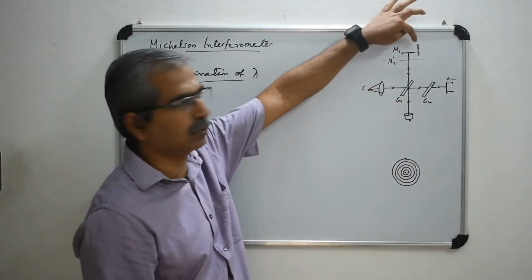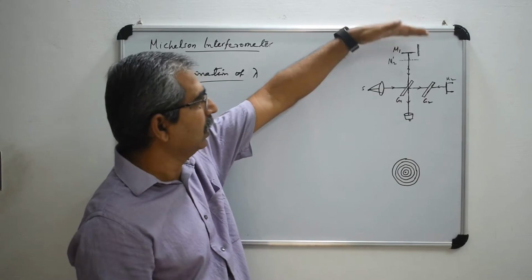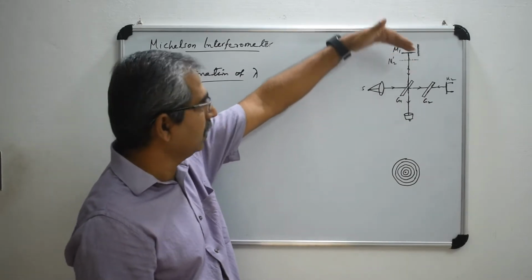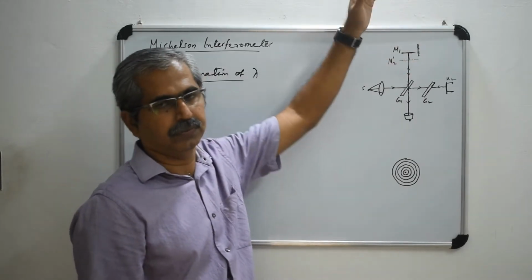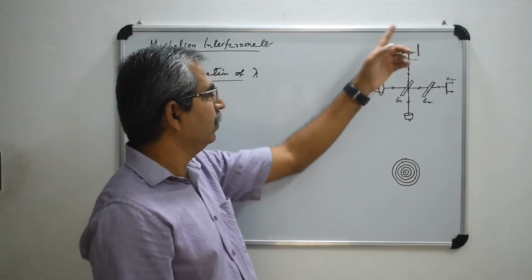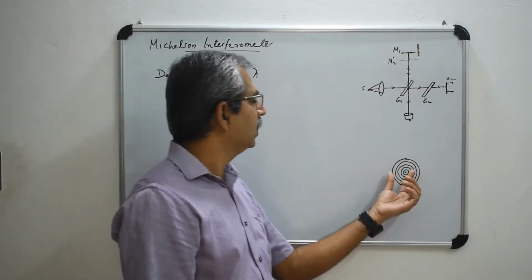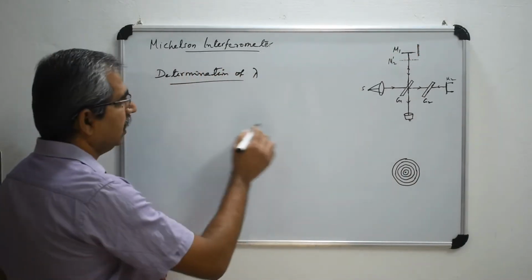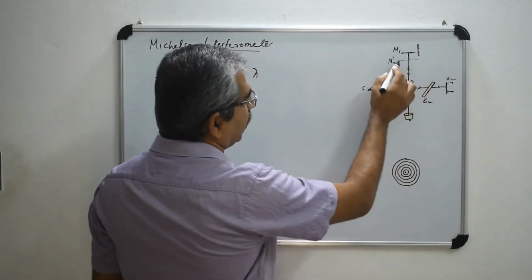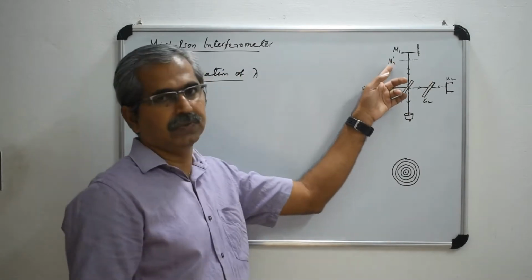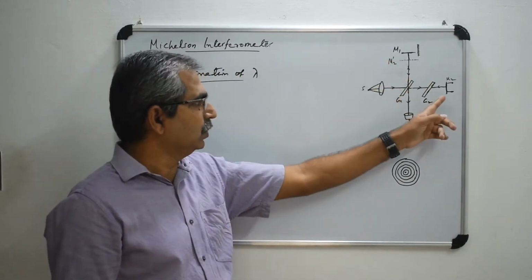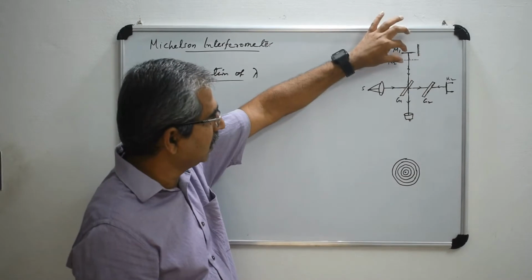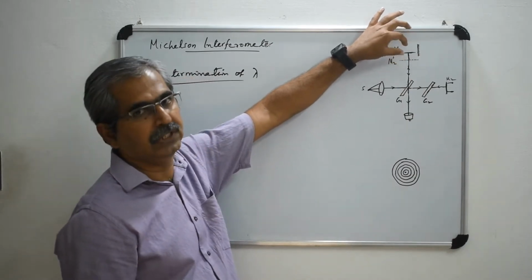There is a pitch screw here, by which we can move the mirror inward or outward. By moving M1, we are changing the distance between M1 and M2 dash, which is the virtual image of M2. That means the separation between the two will be changing.